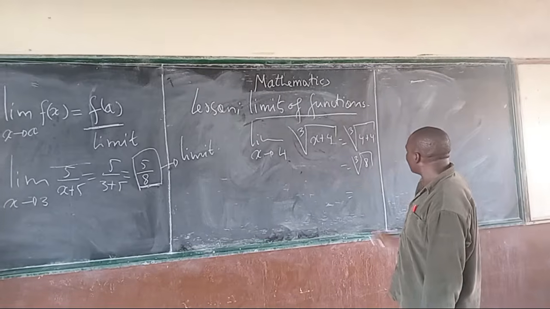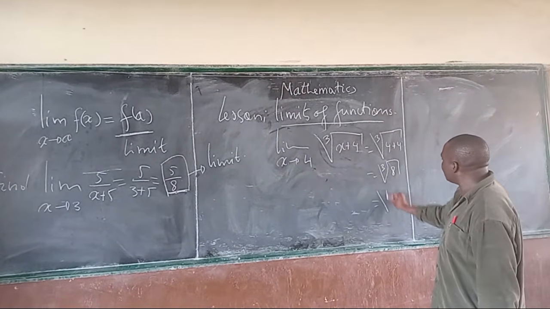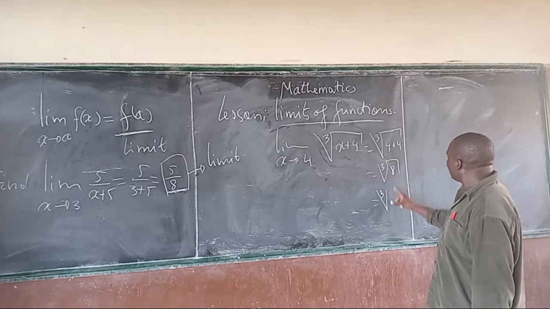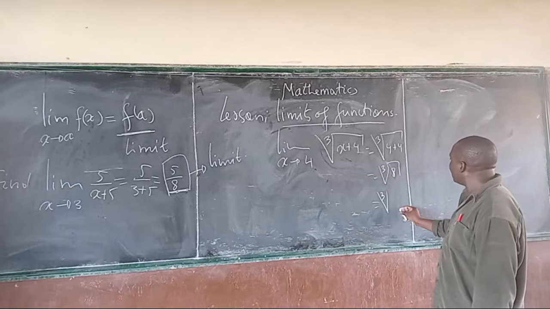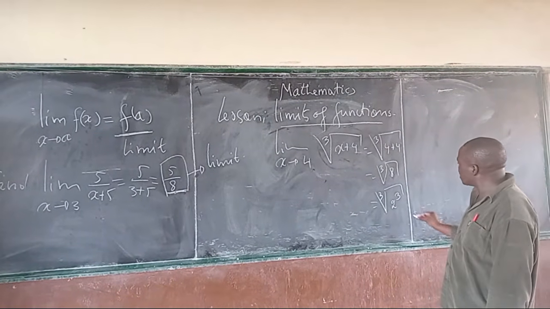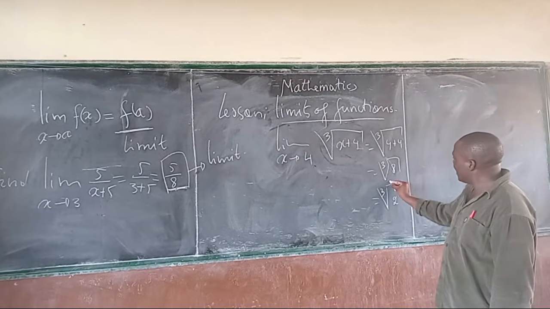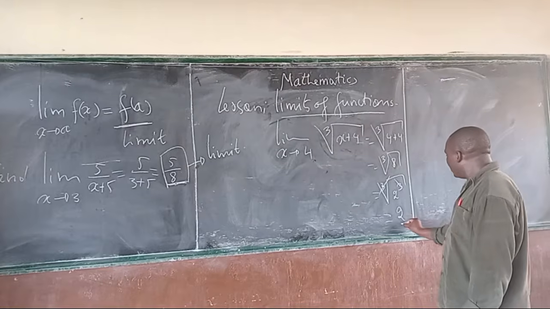Then the cubic root of 8 equals how many? Equal to 2. How to get 2? You express 8 in power form, then 8 equals 2 to the power 3. Then it is possible to simplify 3 by another 3 here in radical form. Then you are still remaining with 2 only.